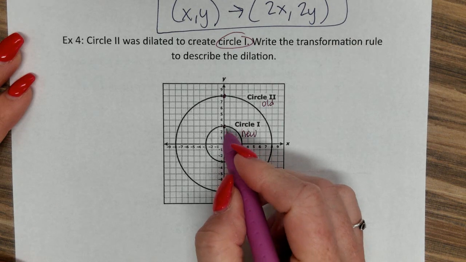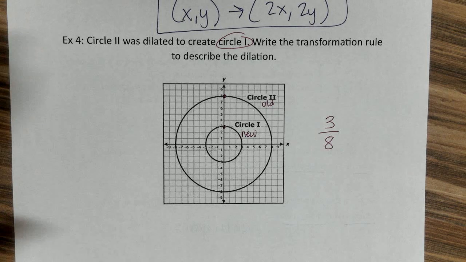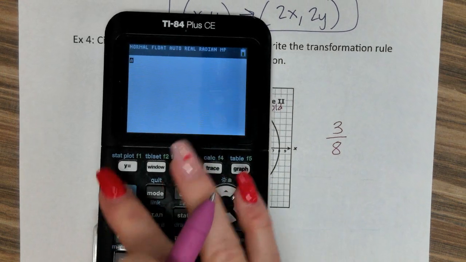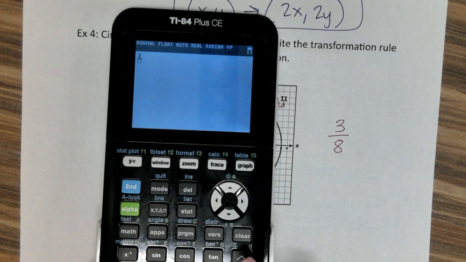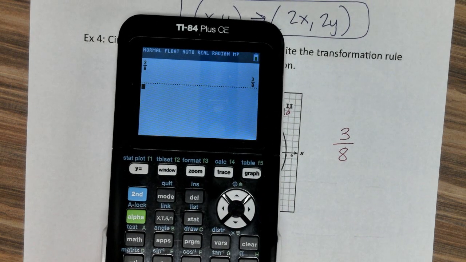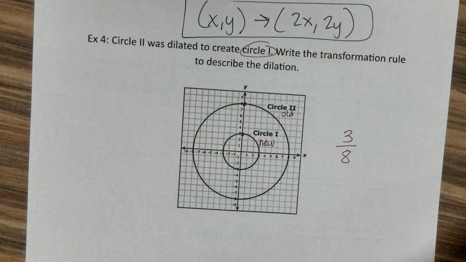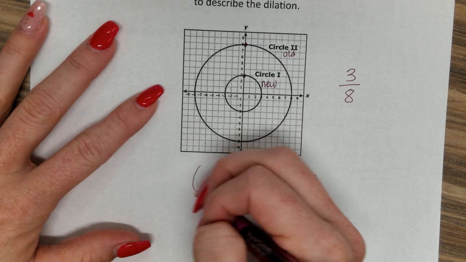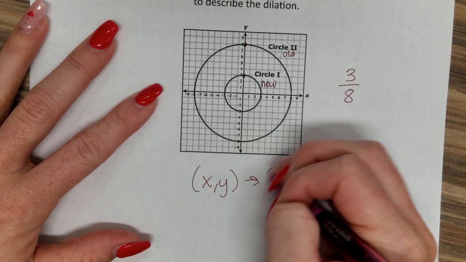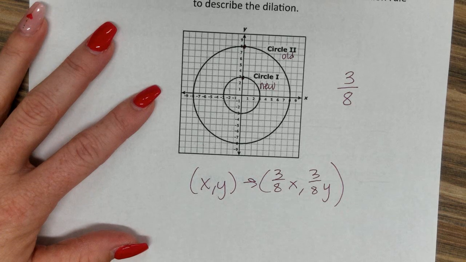So which number would go on top? 3 over. Now, put it in your calculator because it could simplify. 3 over 8, does it simplify? Leave it as a fraction in its simplest form. So 3/8 stays 3/8. And my rule says, take my x and my y and multiply by 3/8. And that's it.